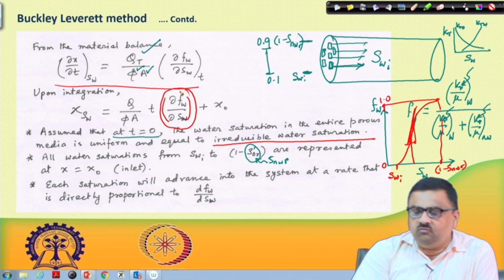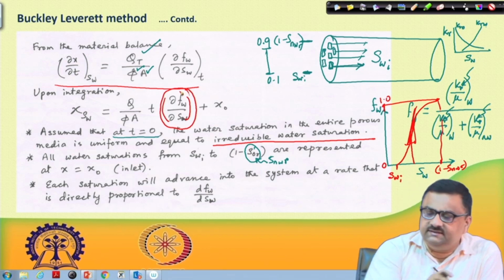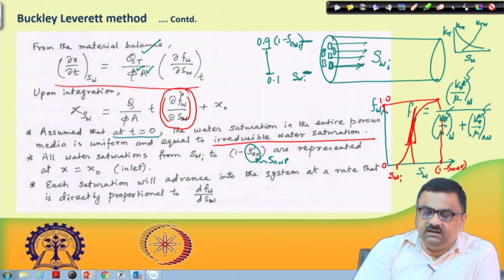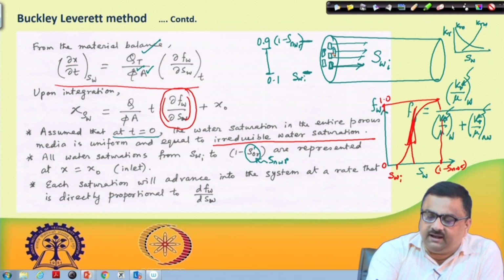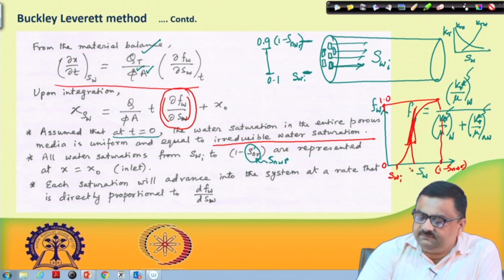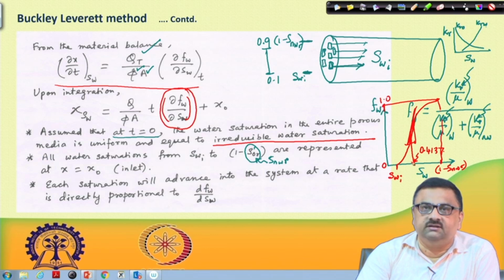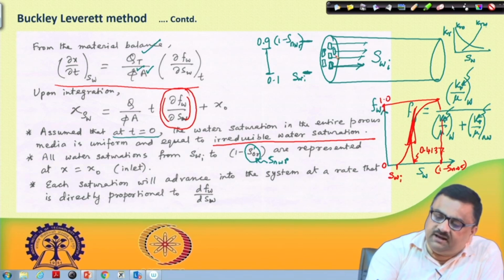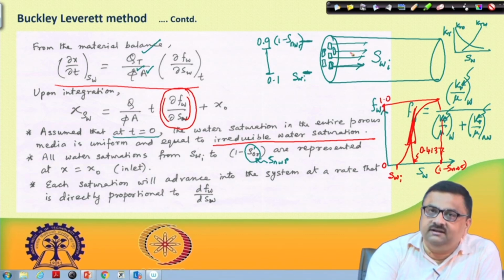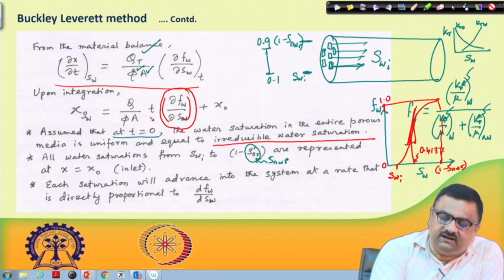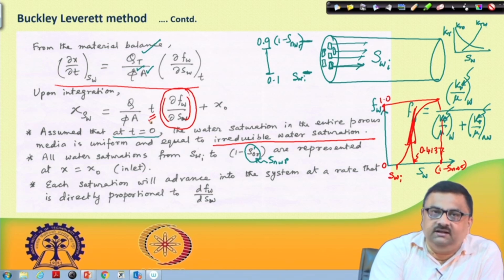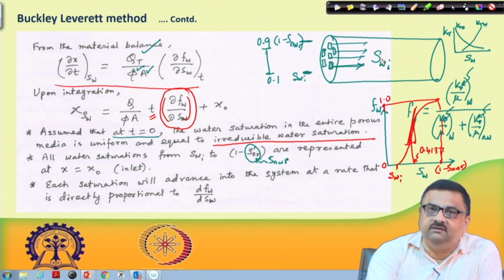Okay. So, what does this equation mean in that case? This equation means that for these packets, let us say the saturation we are looking at is 0.4137 water saturation, I want to know at what rate this is traveling, or over time t, how far this packet will travel.